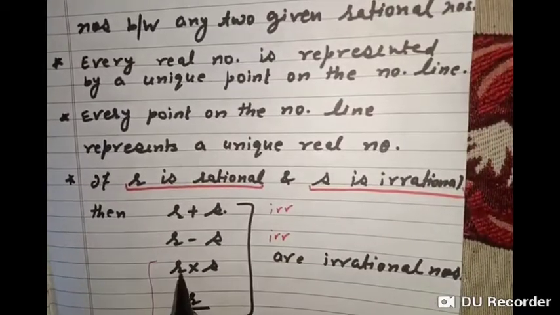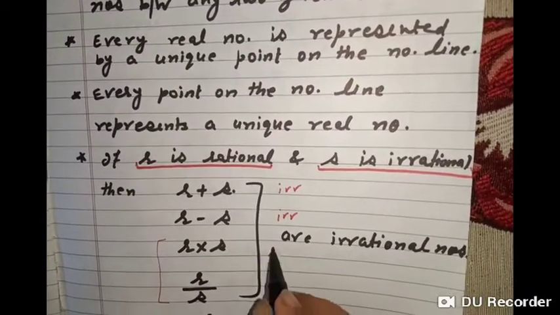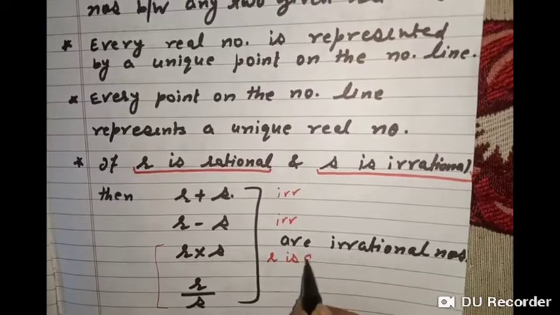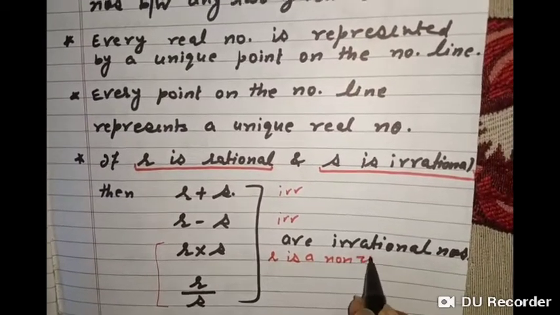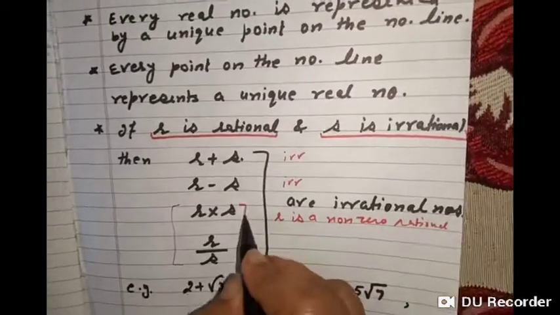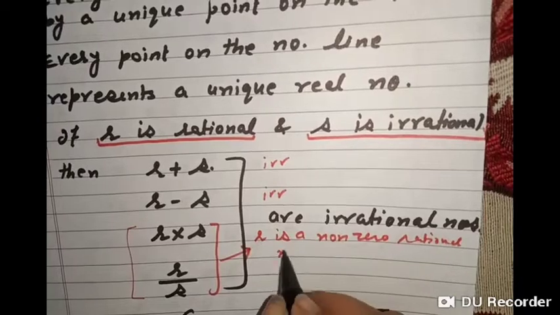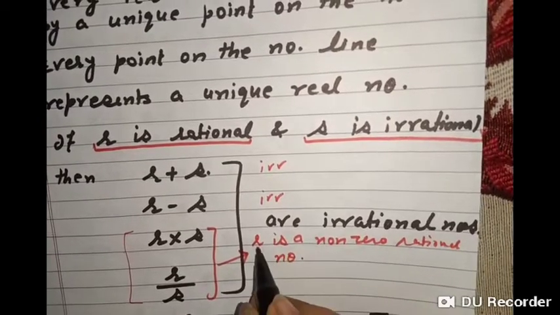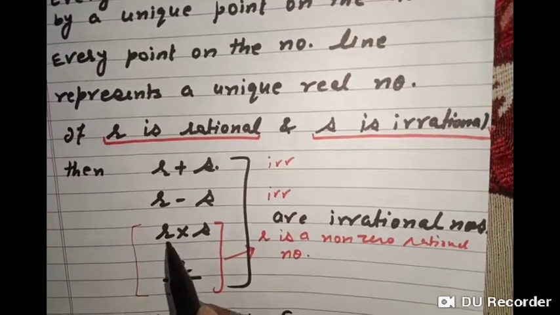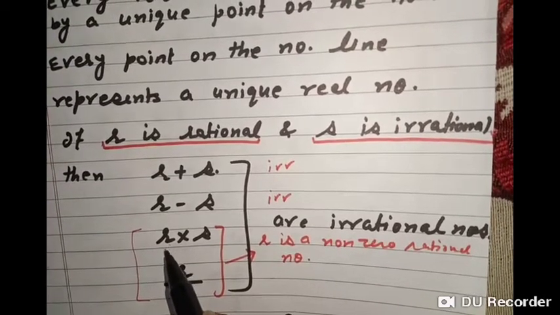For multiplication and division, R should be a non-zero rational number, which means it is not equal to 0.